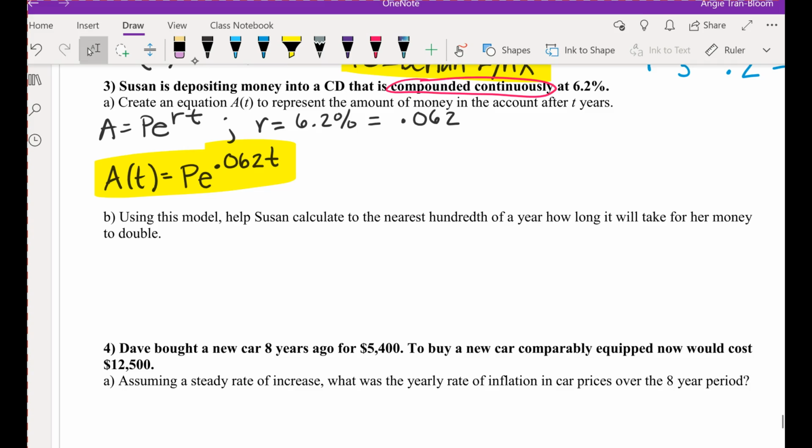We have to find the amount of years it takes for the compounding continuously to go from 6.2% to 100%, or 200%. I think this one really says for her money to double, not the interest rate. The interest rate over time would equal up to 100%. That's the original. Right, so whatever she invested in, she wants twice as much.